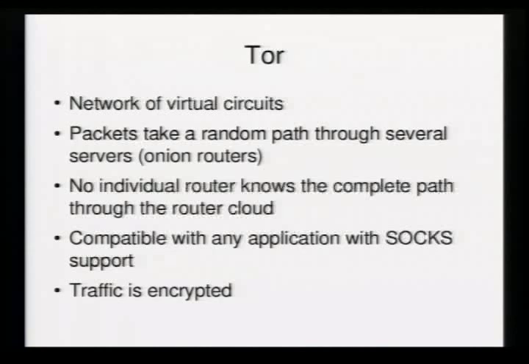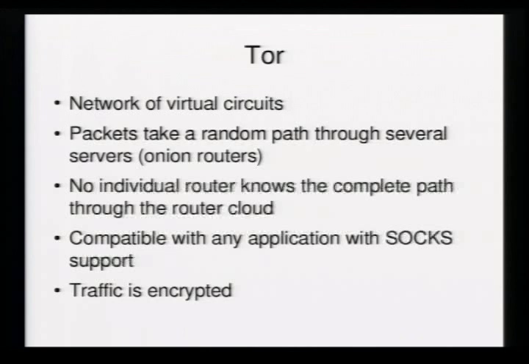So Tor. Tor is a really interesting project. It is a network of onion routers that makes it very difficult to perform traffic analysis of TCP-based traffic. It constructs a cloud of routers across the internet with the unique characteristic that no individual router in that cloud knows the full path of a virtual circuit that's created for each individual TCP connection.